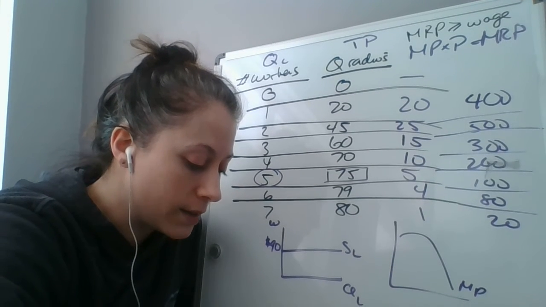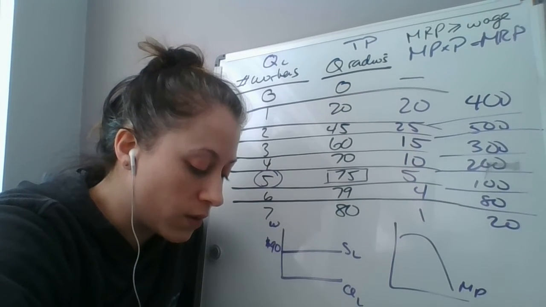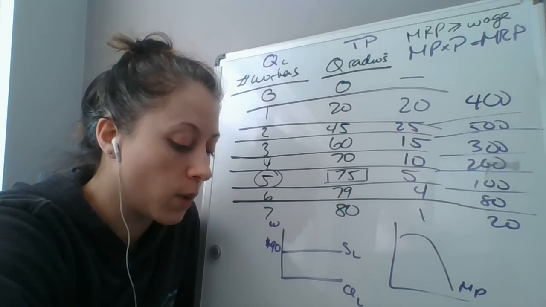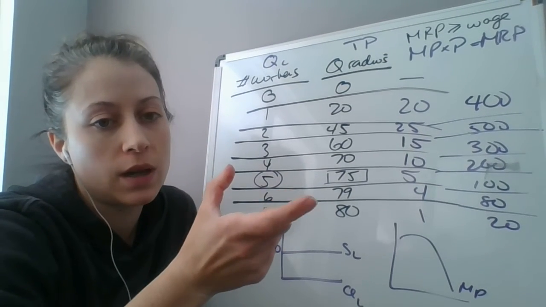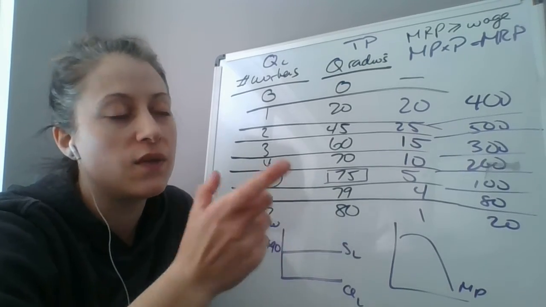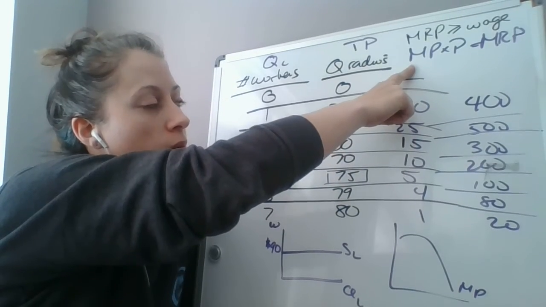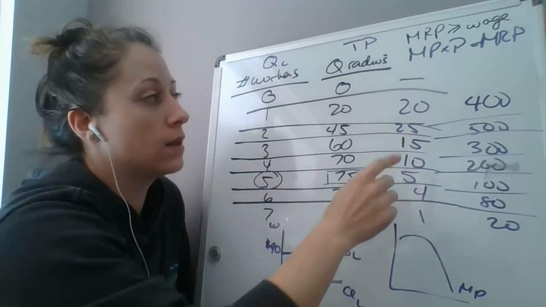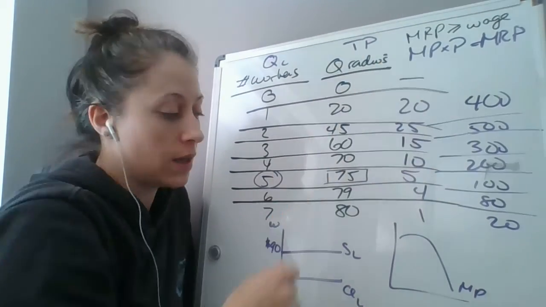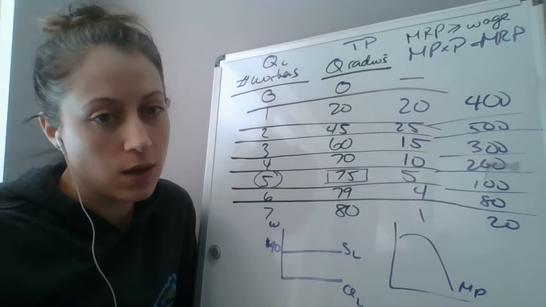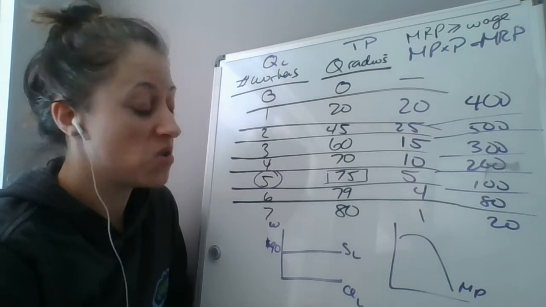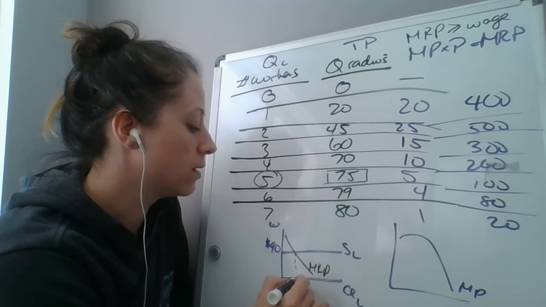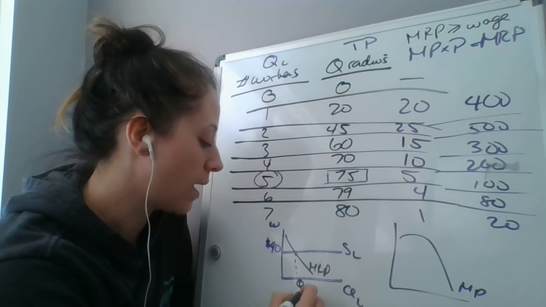Now, letter C is asking about a new technology that increases the productivity of its unskilled workers. The key wording there is increasing productivity. If that's the case, it means your marginal product is going to increase, and when marginal product increases, marginal revenue product increases. They're not asking you to graph it, but let's say you had graphed it. Here's your initial marginal revenue product and your quantity of labor that you want to hire.